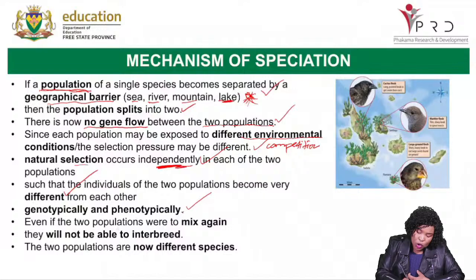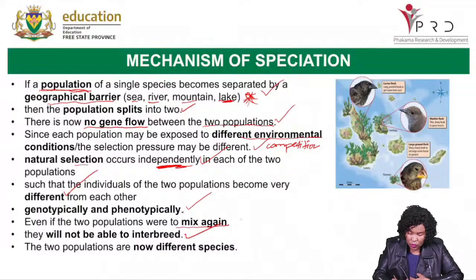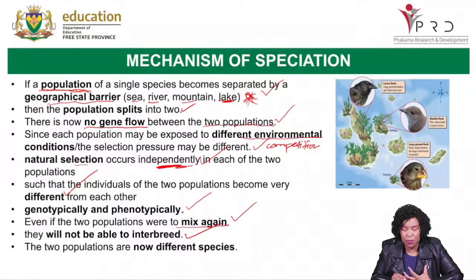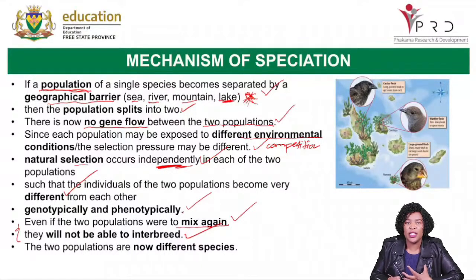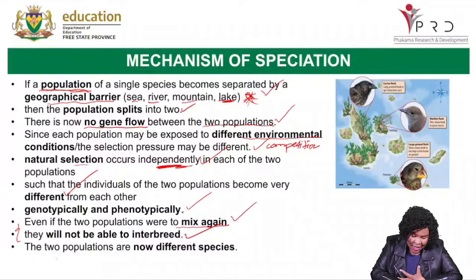Then, even if the two populations were to mix again, they will not be able to interbreed. You get a mark for saying this, because they are not the same species. That is why they will not be able to interbreed. It is important for you to mention this because that is what tells us that the two populations are now different species.